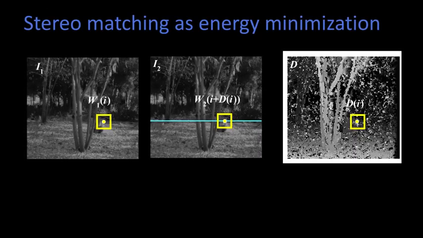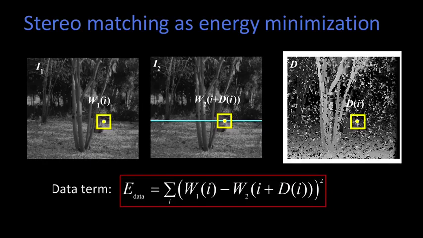So the method that we're going to use now looks at both of those things. And it thinks of solving stereo as an energy minimization problem. The energy, I should define that here: we have I1 as the left image, I2 as the right image. We've got a window on the left. We're going to look at it across the right. But then all the way on the right is a disparity image. Okay, so that's the disparity that we compute. And our energy minimization approach requires 2 energy terms. The first term is a data term.